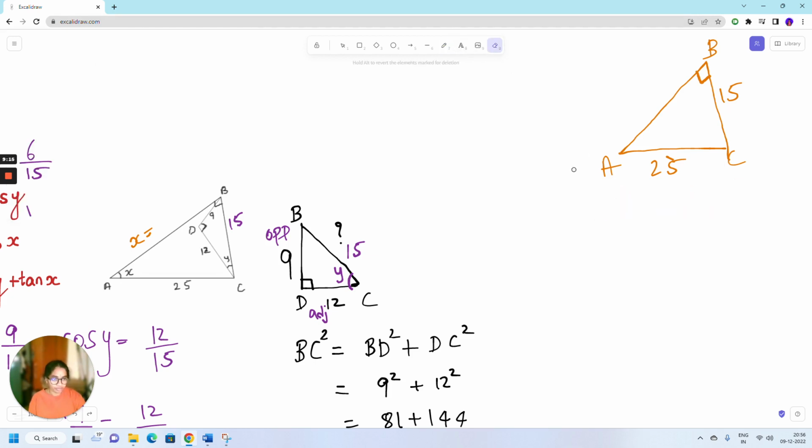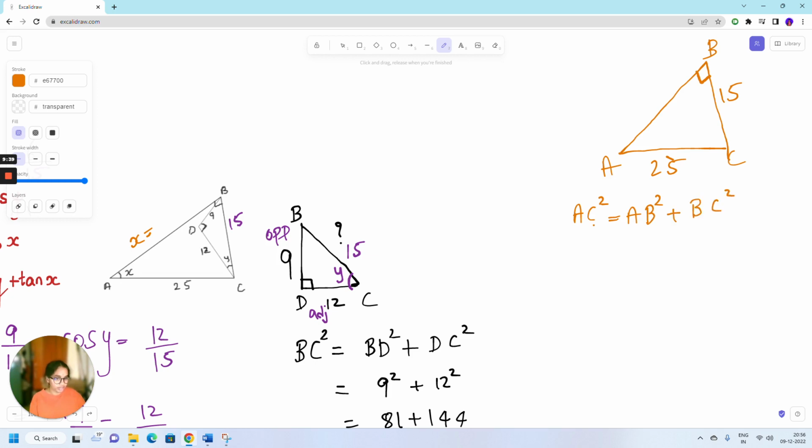Now, the formula is AC square is equal to, why is it AC square? Because this is the hypotenuse now, because we have the perpendicular at B. AC square is equal to AB square plus BC square. What is AC square? It is 25 square, which is 625. What is AB square?